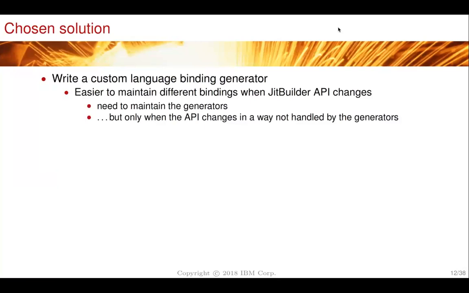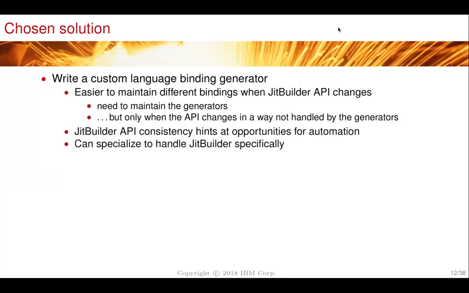And hopefully the assumption is this doesn't happen all that often. And to support that point, the JitBuilder API is fairly consistent across its surface. So it has a lot of services that work in very similar ways, which in turn suggests that maybe there's an opportunity for automating binding to these services.